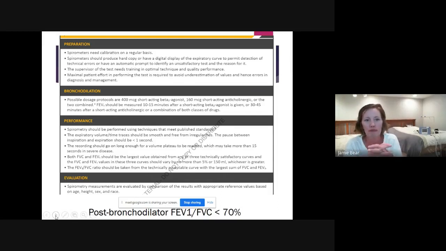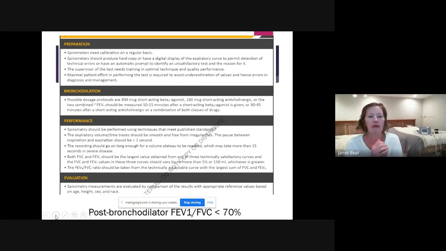The bronchodilator protocol would just be a short-acting beta agonist, or a short-acting anticholinergic such as Atrovent or Combivent, the two of those combined, and then measuring again 10 to 15 minutes after a short-acting is administered.